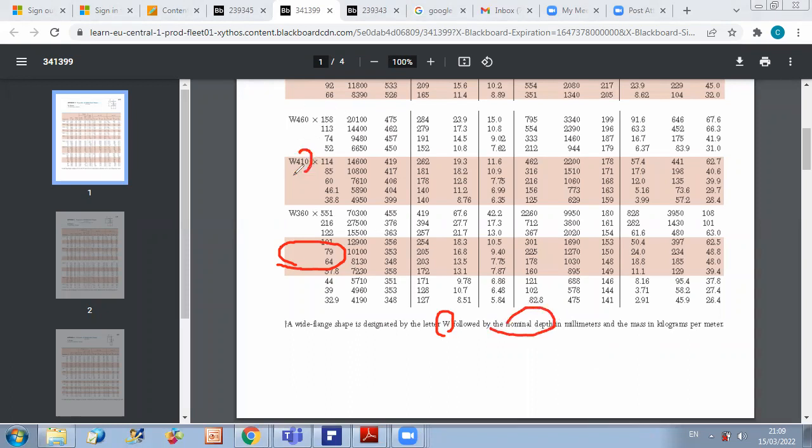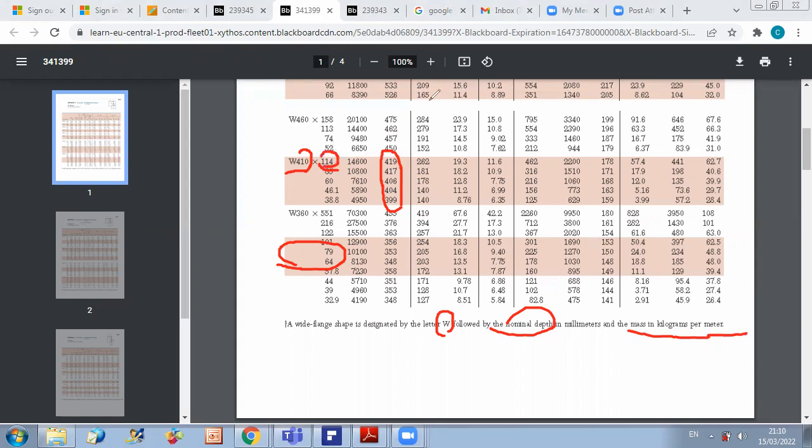So for example, as you can see here, W410 will refer to depths between nearly 399 and 419. So it will give you an idea about the range we are considering. And as we said, the second number represents the mass in kilogram per meter. So sometimes if you need a lightweight beam, you can try to select lower values for the second number.